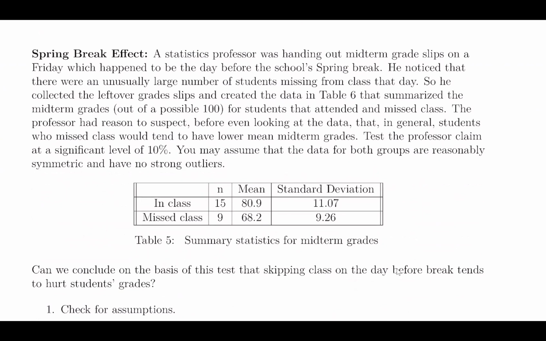He noticed that there was an unusually large number of students missing from class that day, so he collected the leftover grade slips and created the data in Table 5. That summarized the midterm grade out of a possible 100 for students that attended and missed class.